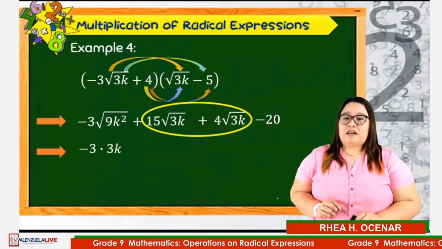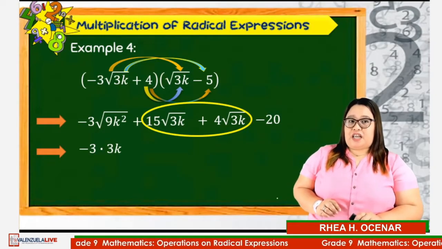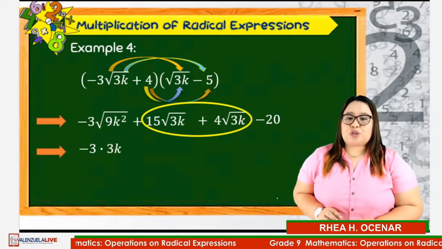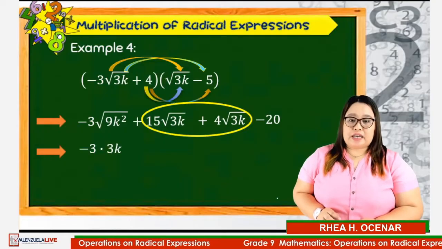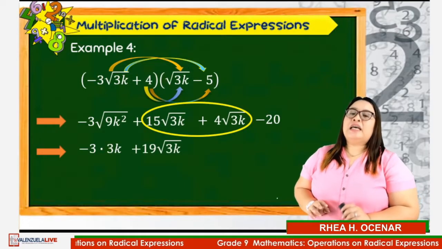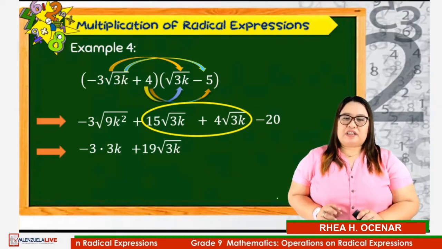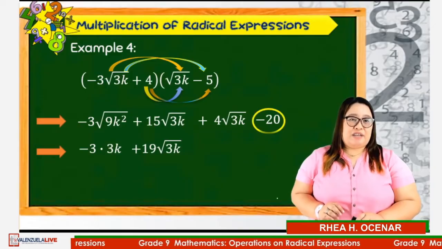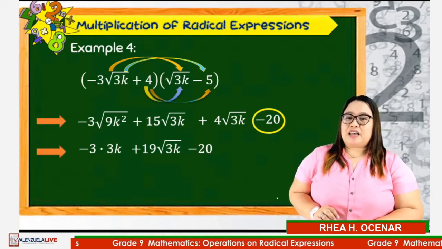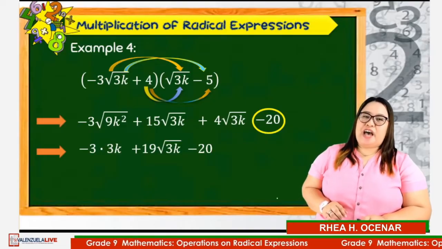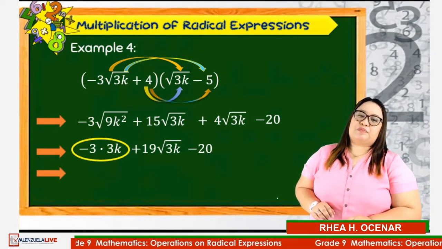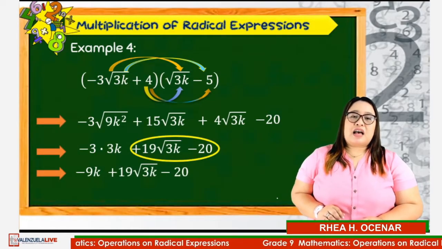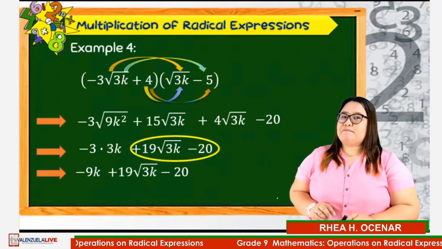As you can see, 15 square root of 3k plus 4 square root of 3k are like radicals, so we will combine the two radicals and we have 19 square root of 3k. Simply copy negative 20. Simplify the radical expression and we have negative 9k plus 19 square root of 3k minus 20.